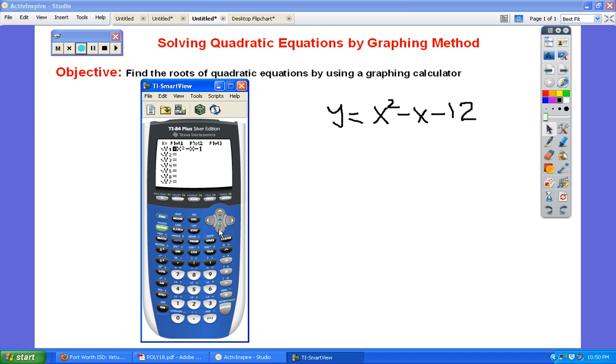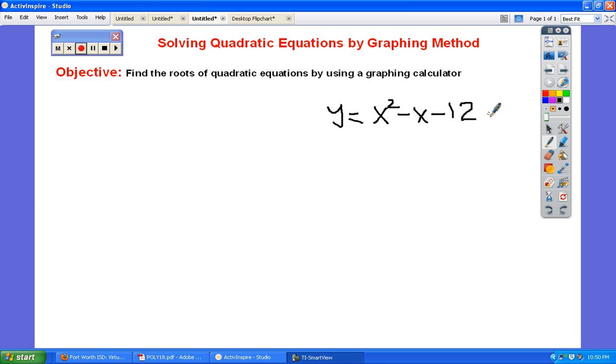I will also go ahead and enter 0 on y2, because in order to solve this equation, we have to set it equal to 0.